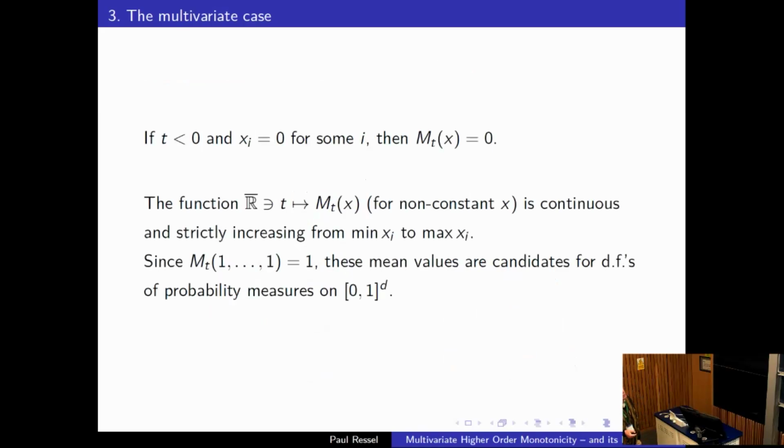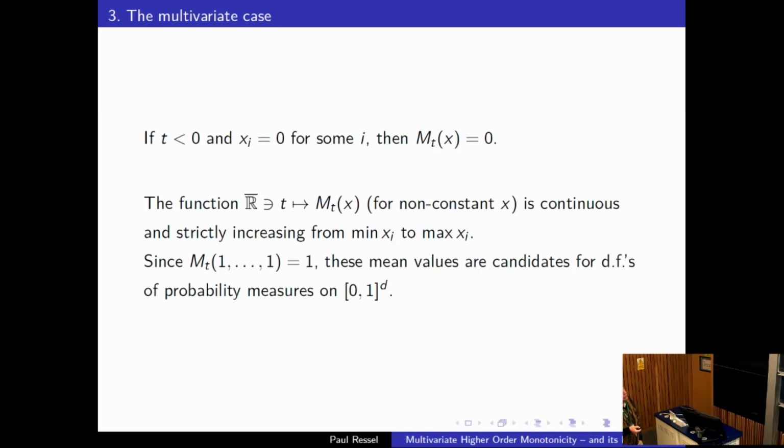So for a non-constant x with positive entries, this function from R bar to the reals, t going to the mean value, is continuous and strictly increasing from the minimum to the maximum. And if one of the x_i's is 0, then of course this remains 0 up to the geometric mean, and then it increases, but it's unimportant.